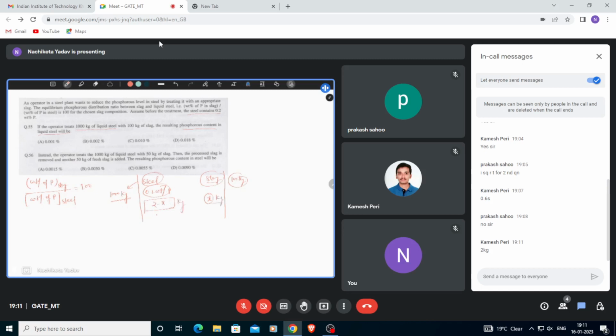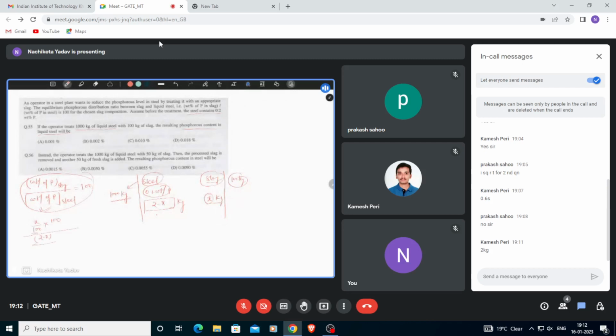And we know this equilibrium phosphorus distribution ratio, so from here we can calculate the x value. Can you tell me what the x value will be? Simply, what is the weight percent of phosphorus in slag now? We know x kg of phosphorus is in 100 kg of slag, so x by 100 into 100, divided by 2 minus x.